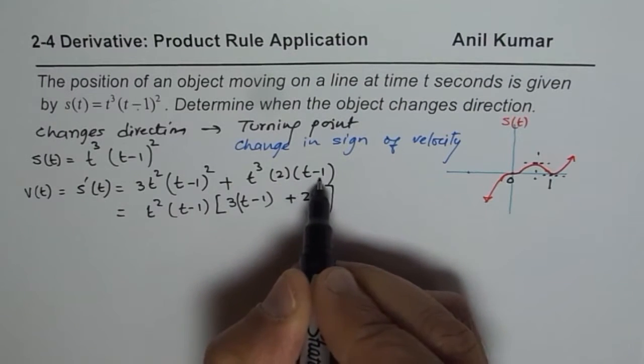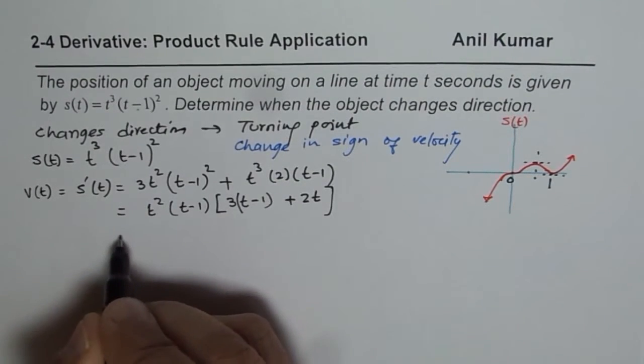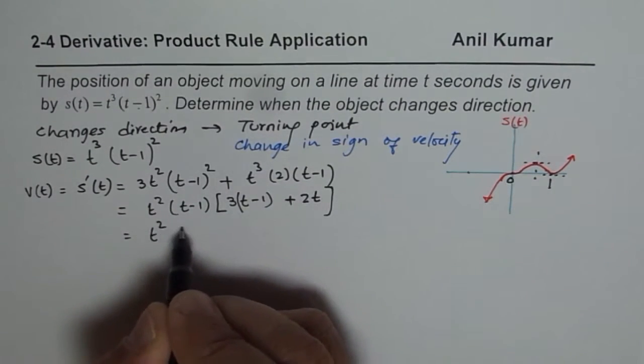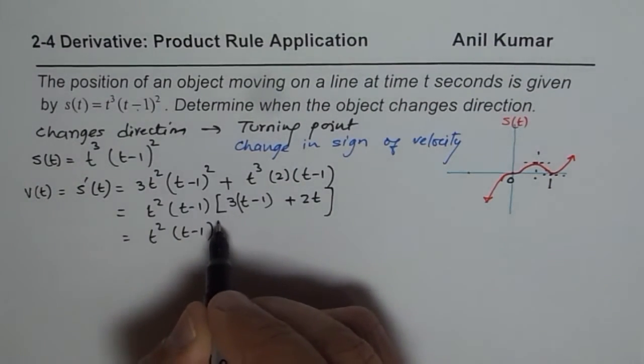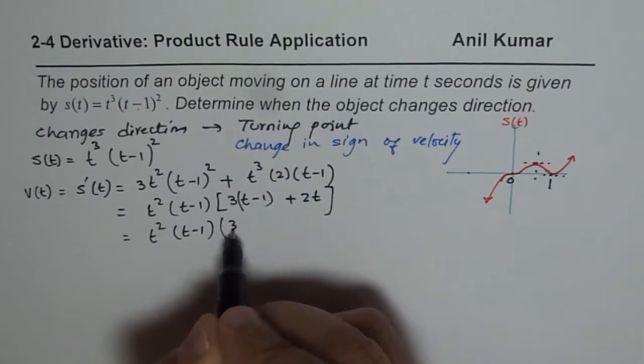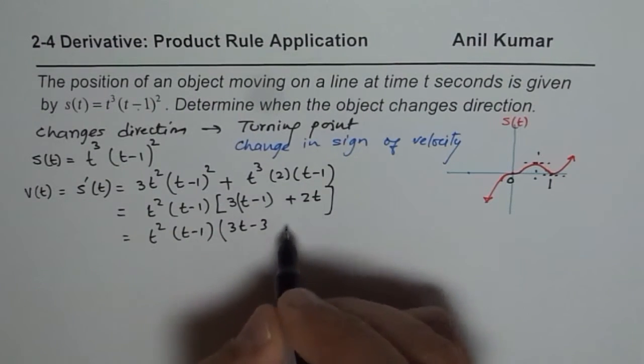So we have taken out t squared (t minus 1), okay? So we have t squared (t minus 1). Let's open this and simplify. So we get 3t minus 3 plus 2t.